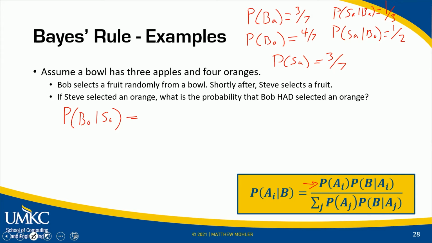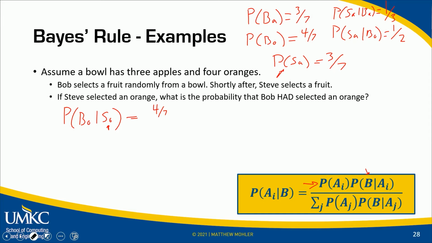That's our Bob selecting an orange. And we know the probability of Bob selecting an orange was equal to 4 out of 7. So this is going to be 4/7 multiplied by this probability here, the probability of B, in this case, the probability of Steve selecting an orange, given that Bob selected an orange.